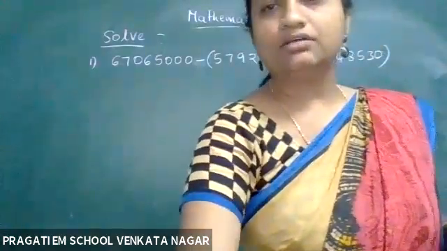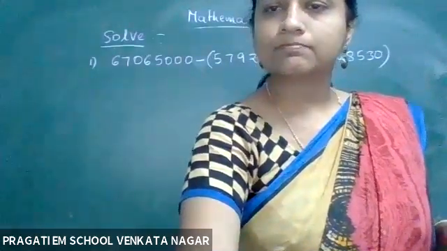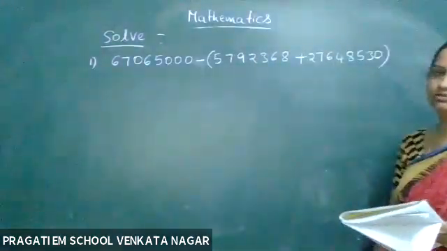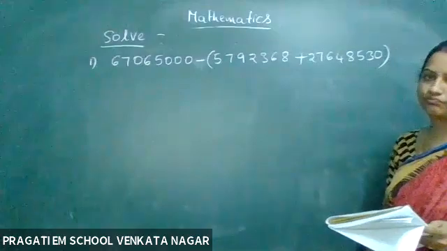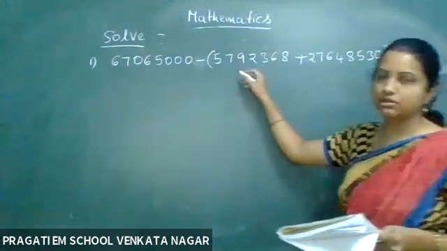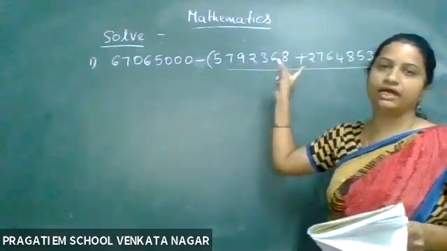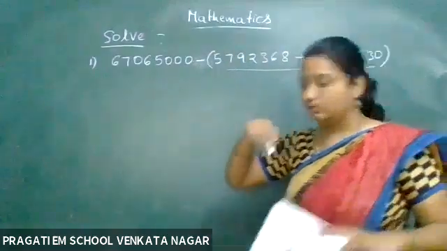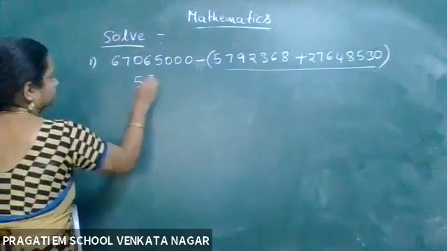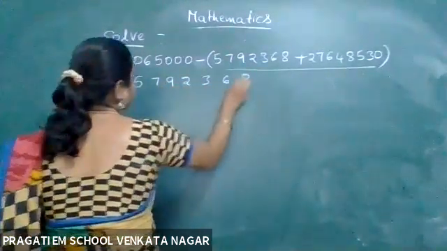Copy this, children. We have to solve this. So first, what we have to do? We have to do the addition. Yes, children, we have to add them. Then we have to subtract. So 5, 7, 9, 2, 3, 6, 8.